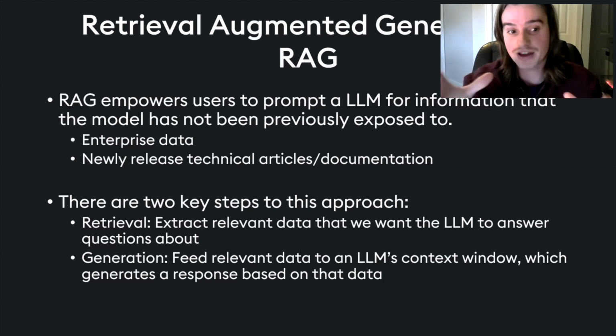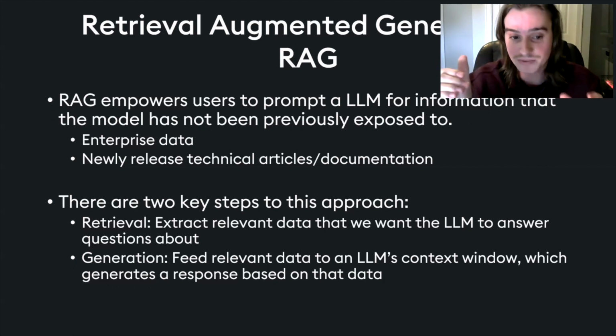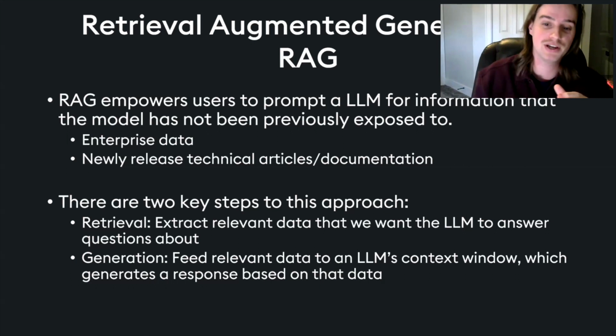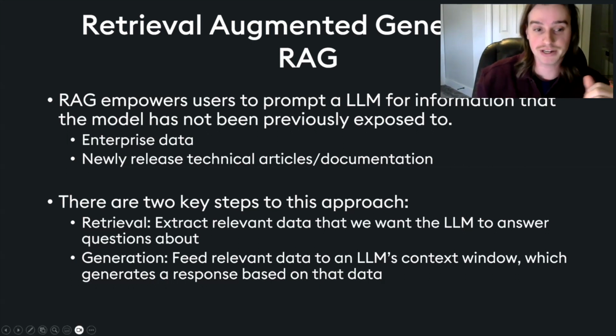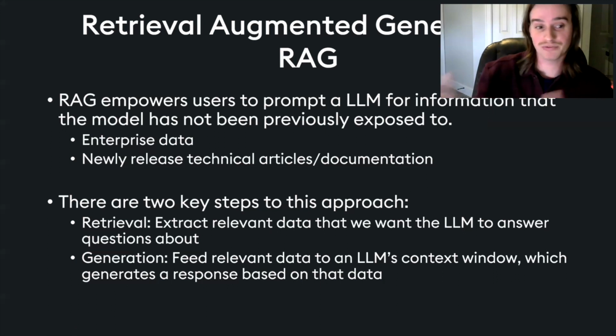Those pieces of data are then passed to the large language model for the next phase of RAG, which is generation, where we take that relevant data and inject it into the prompt for the large language model. Then the large language model can answer the user's query with the information that we extracted from our vector database.